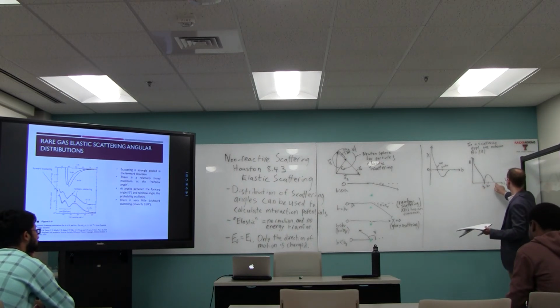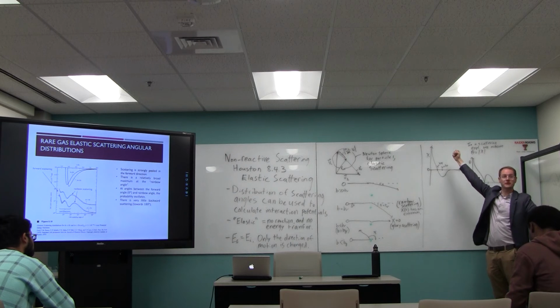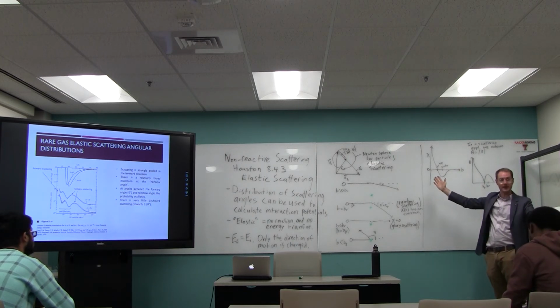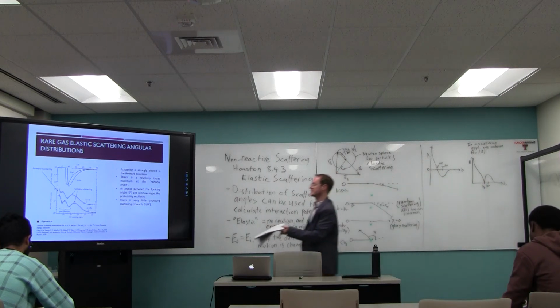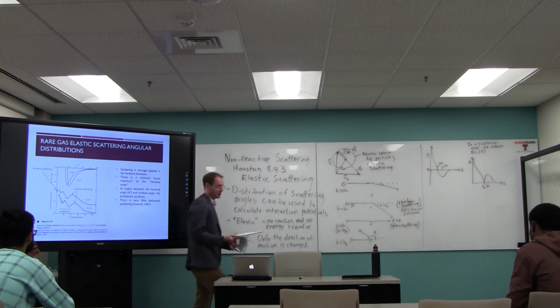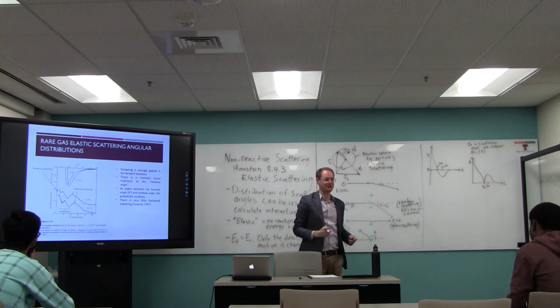Right? And so you can see there's all these impact parameters, anything greater than this point here. Basically the atoms are far enough apart from each other when they scatter that there's no deflection. And so most of the trajectories happen that way. That's why you have this big peak in the forward direction, right? Because there's many trajectories for which basically the atoms don't scatter at all. They just fly past each other.